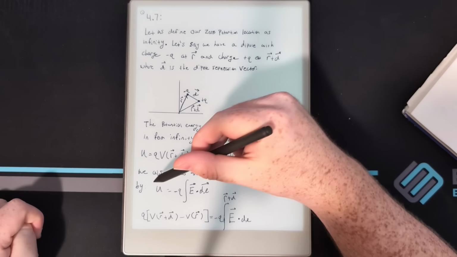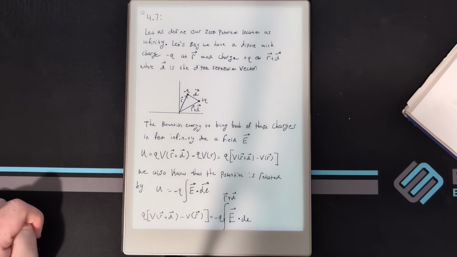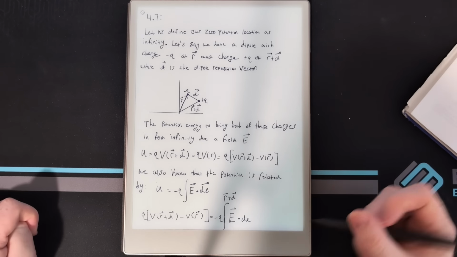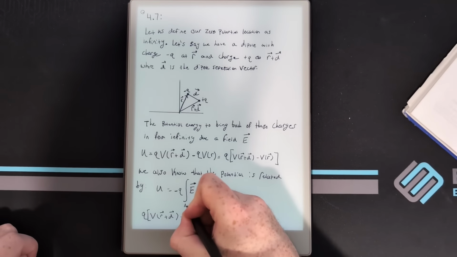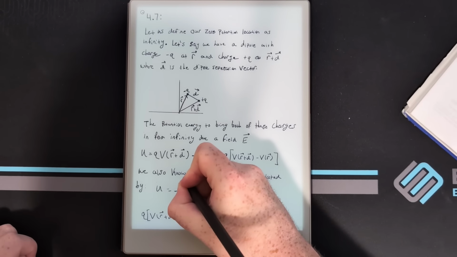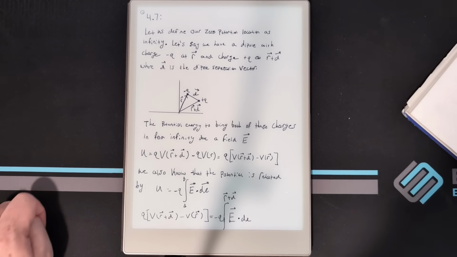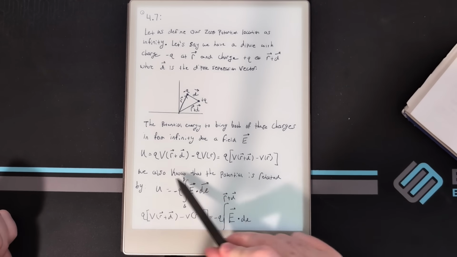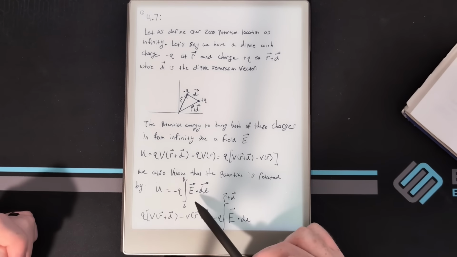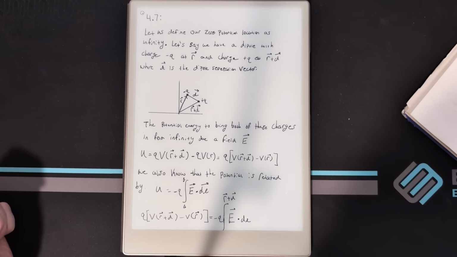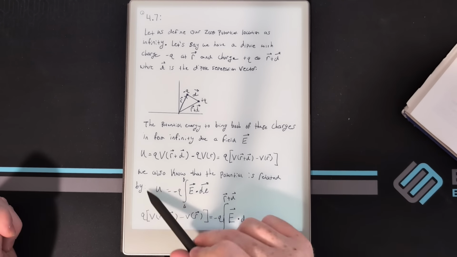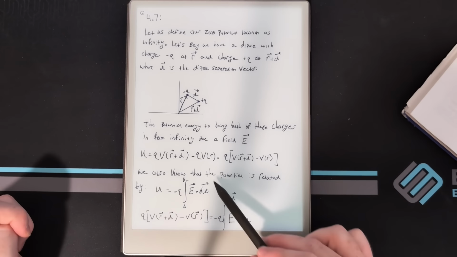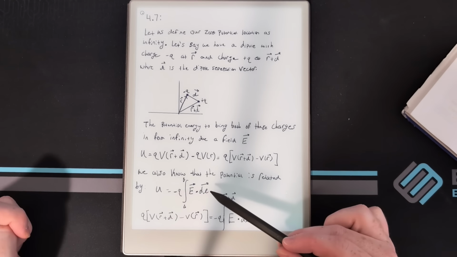So V is equal to negative integral of E dot dl, from point A to point B. But if we multiply that by Q, then that will also give us U, our potential energy. So that's what I wrote here, minus E dot dl multiplied by Q. So this is another expression relating the potential to the electric field.